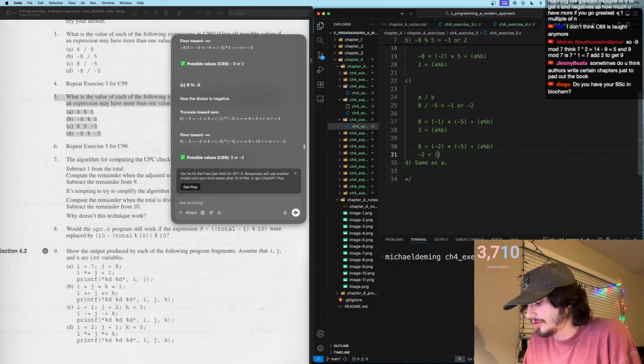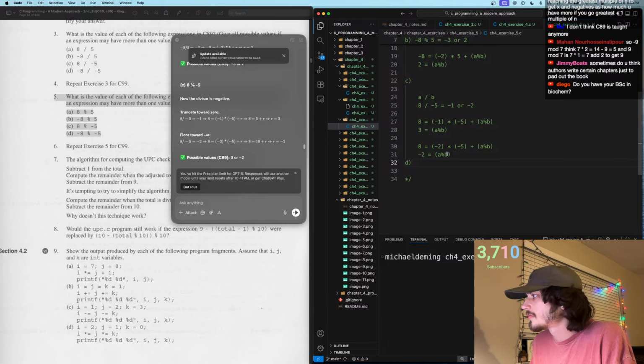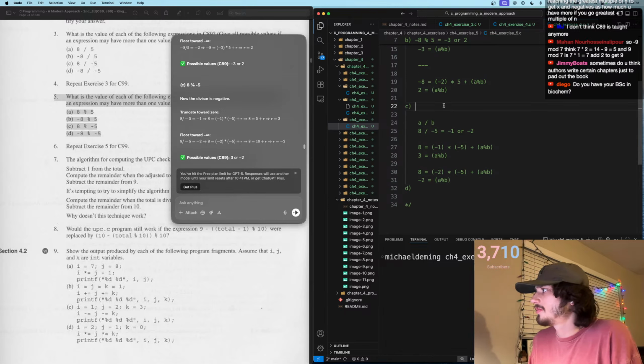It's equal to A modulo B. Right? Cool. So the answer for C then would be 8 modulo -5 is equal to +3 or -2.